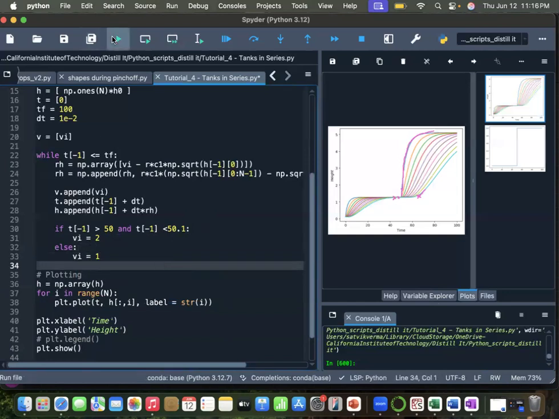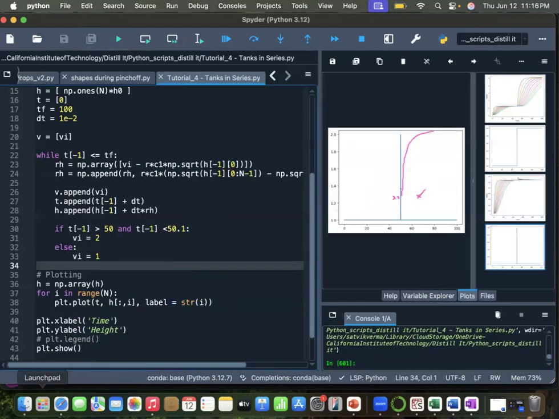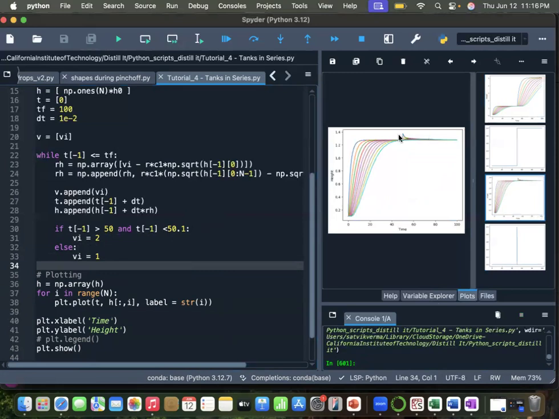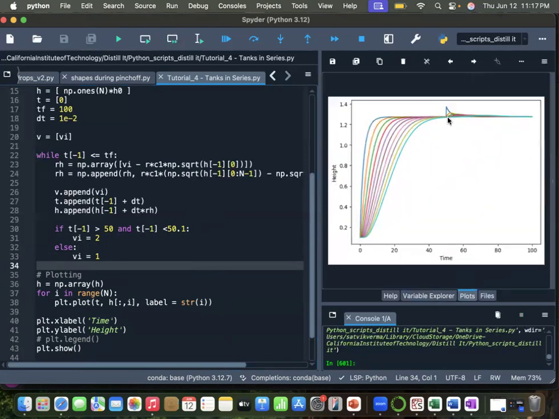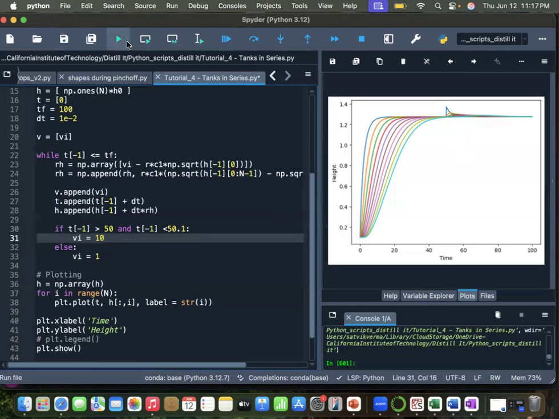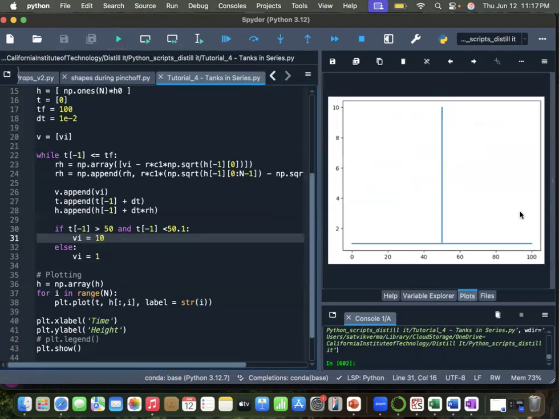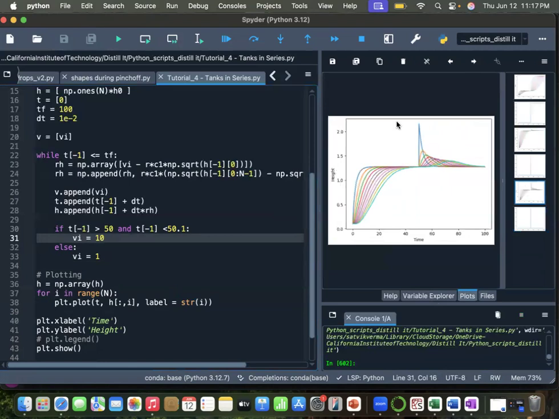So now let's see what would happen. Let me just erase all of this. And now if we see, there's a slight change that was observed over here, which was probably reflected later on, but we don't really see all of that too much. But let's say if we would drastically change it to 10, let's say, this is a pulse input, right? So now you see a much better change over here.